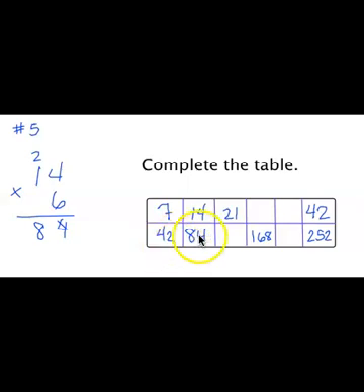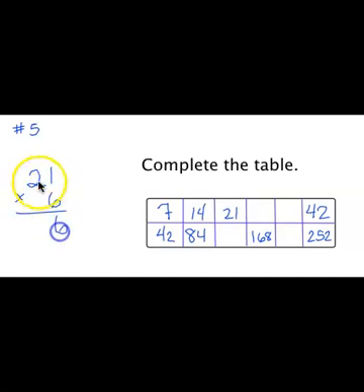Look at that. 42 doubled is 84. Interesting. 21 times 6. 1 times 6 is 6. 2 times 6 is 12. 126.